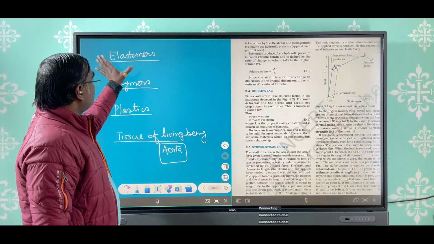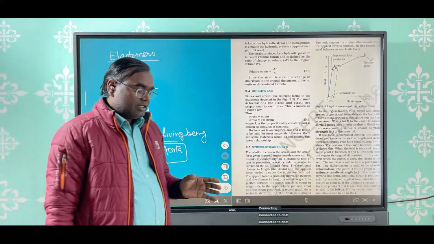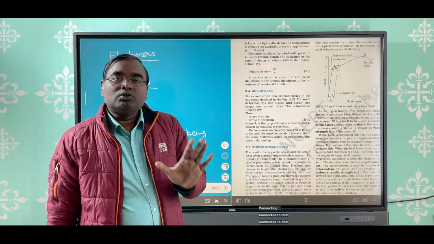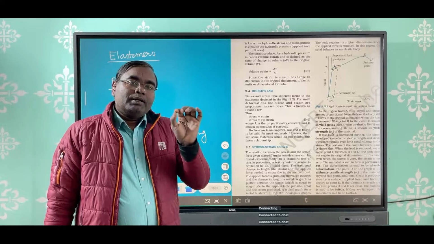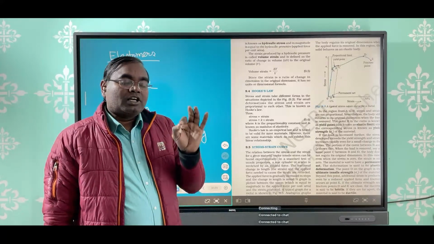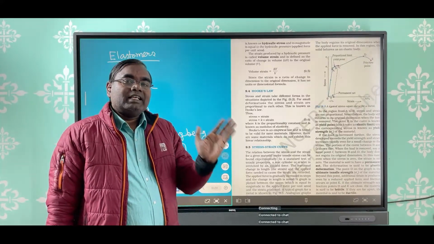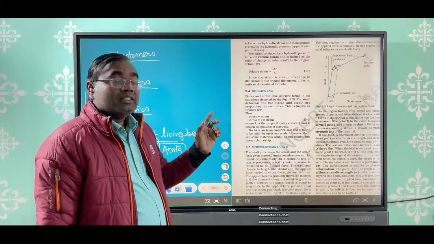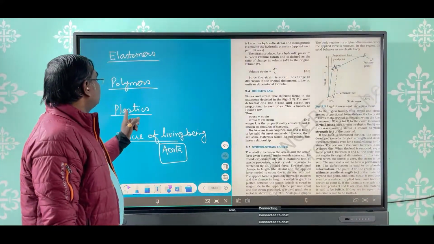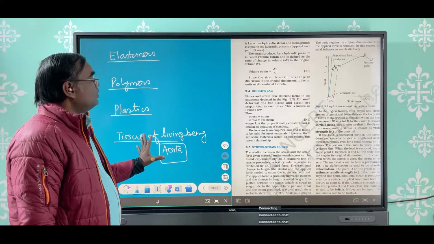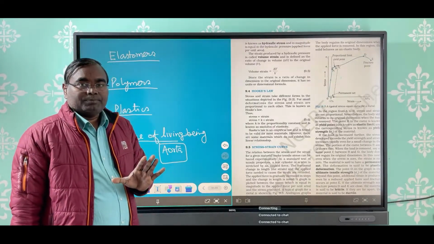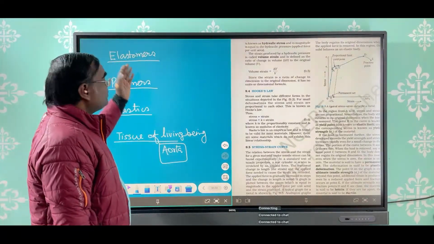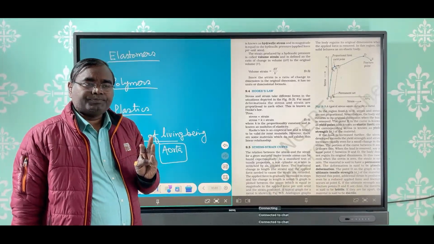So elastomers are those materials that don't follow Hooke's law. That means if we plot the graph between the stress and strain for these elastomers, polymers, plastics, and biological tissue, we'll get the non-linear relationship, right? So elastomers are like rubbers.